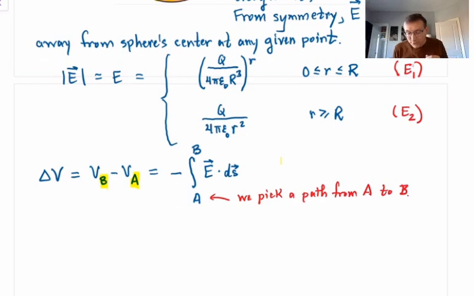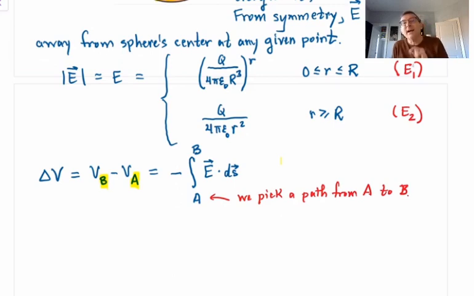And now I'm going to show you what path I'm going to pick. And here's my hint, my advice. Now that we know what we know about E, pick a path between A and B that does either one of two things. Either follows the direction of E exactly, or is exactly perpendicular to E. Why?